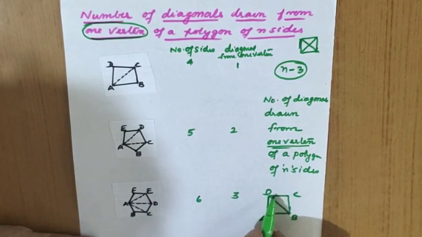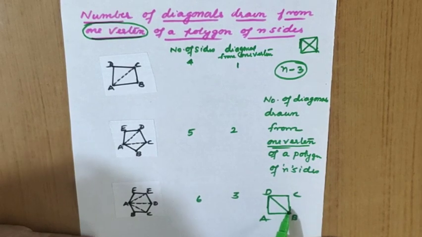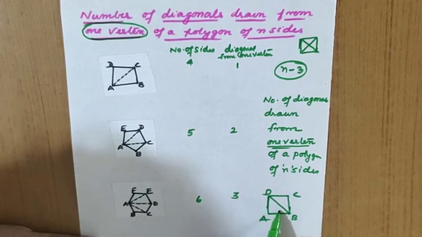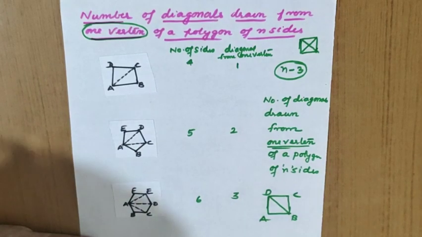I cannot touch C and A. So only from one vertex we can draw n minus 3 diagonals. Since the number of sides is 4, diagonals will be 4 minus 3 equal to 1.